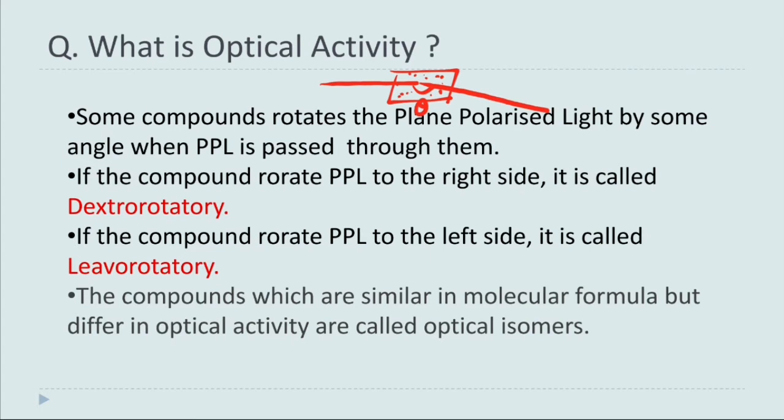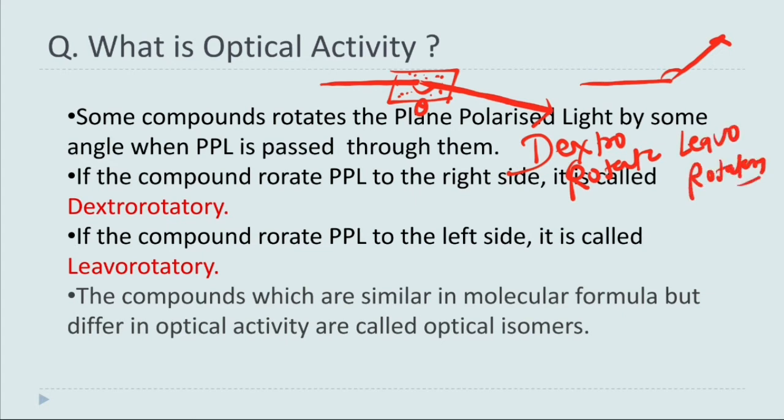Now this PPL can bend in the right direction, and it may also bend in the left direction. If the compound is responsible for movement of PPL in the right direction, it is called a dextrorotatory compound. Dextro means right, and if it rotates the PPL in the left direction, it is called levorotatory.